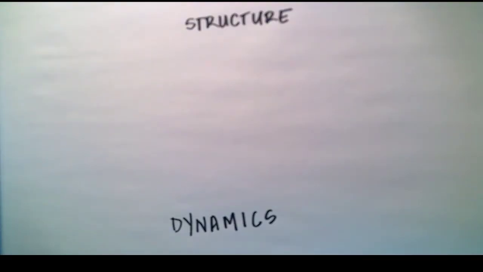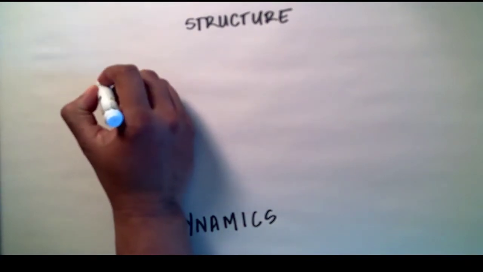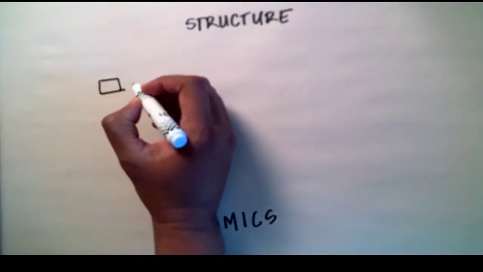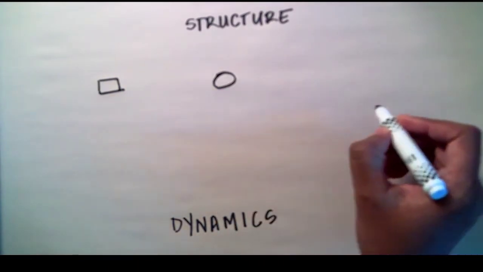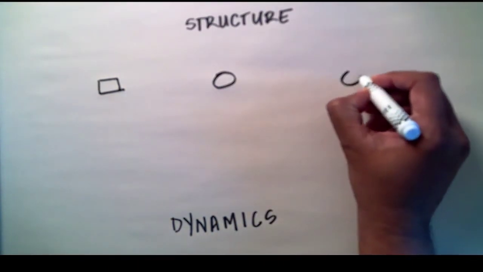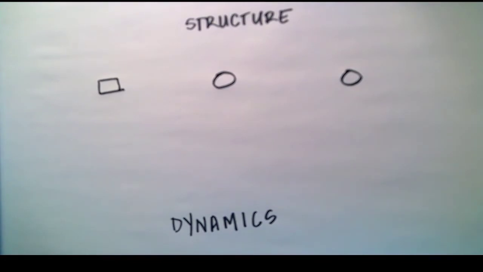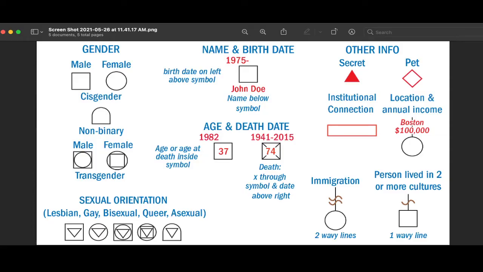If we start off, we're going to start with this fictitious family in which we have a dad who was married at one point to a woman who is now in a relationship with another woman. The way that we depict those relationships is through lines.